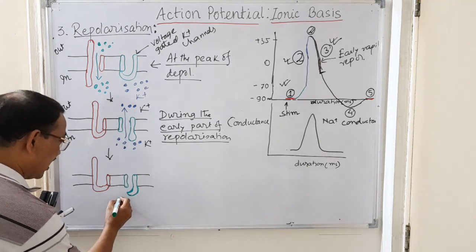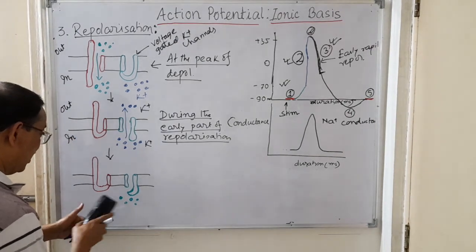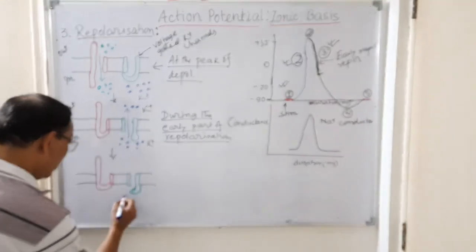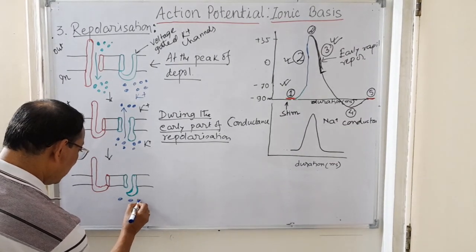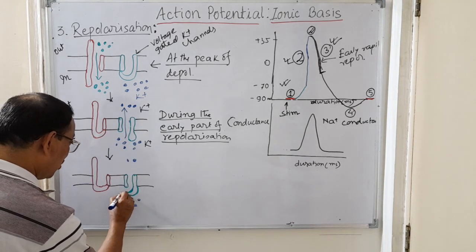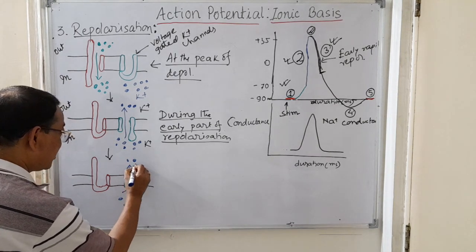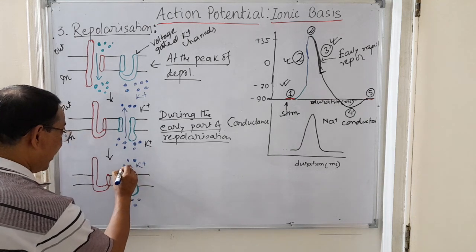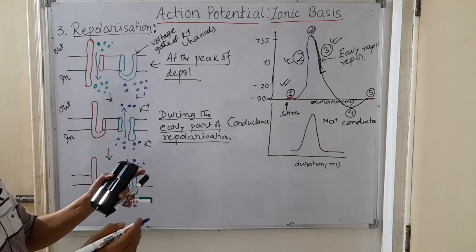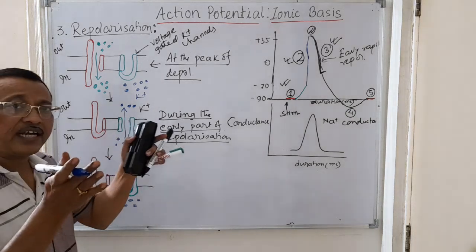As some opening is there, obviously due to the concentration gradient, as the gate is still open, there is an exit of the potassium ion from inside to outside, but at a slow rate, because the gates are getting closed.